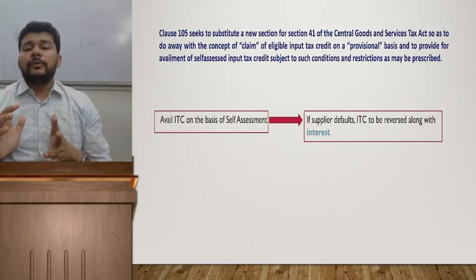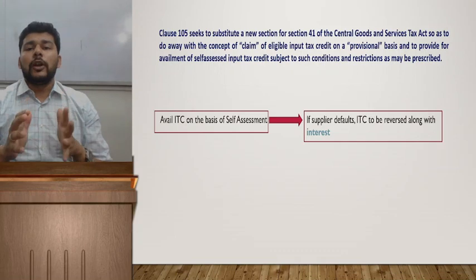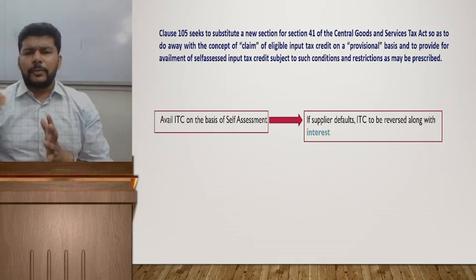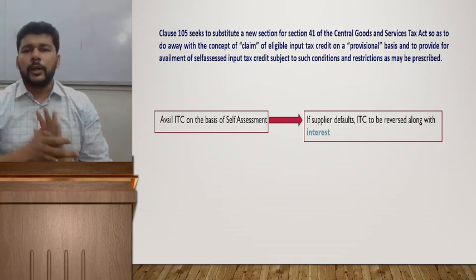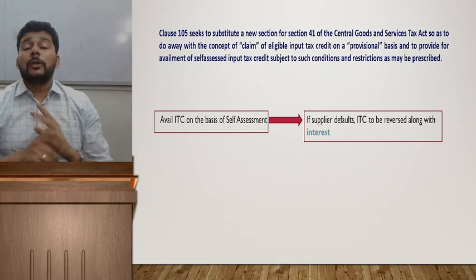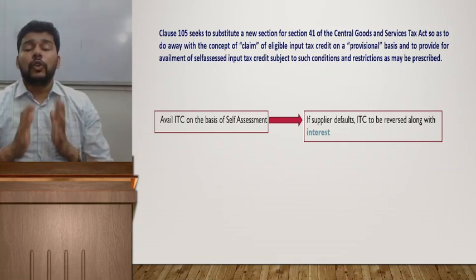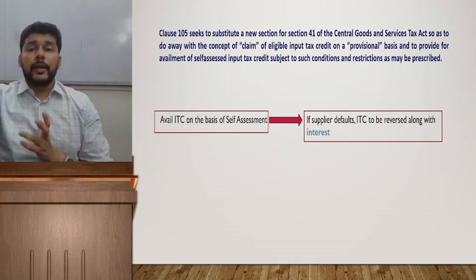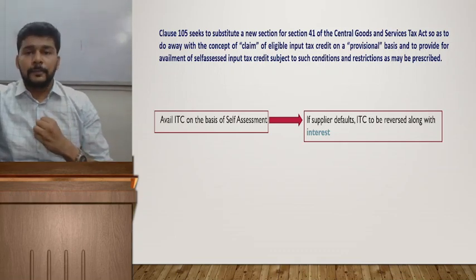Subsequently, it is found that the supplier has defaulted in payment of tax. Fine, for the subsequent period he'll be put under the restricted category, let's say in November 22. But what about the credit which I already availed for the month of October 22? The repercussion is that I have to reverse the input tax credit along with interest.